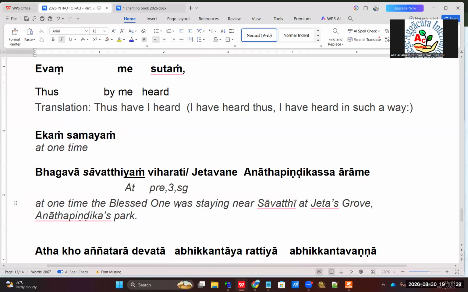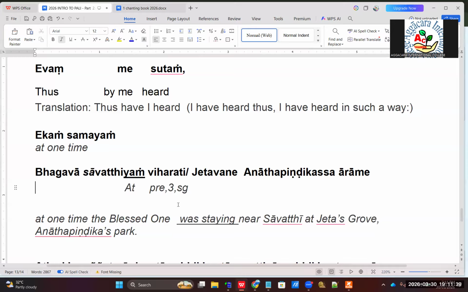But here we translate it as "was staying," because according to the context, literally the Blessed One at Savatthi is staying, or is stays, or present continuous "is staying." But because we are talking about the Buddha in the past, we translate it as "was staying," even though it is third person singular present tense. The Buddha was staying where? Jetavana.